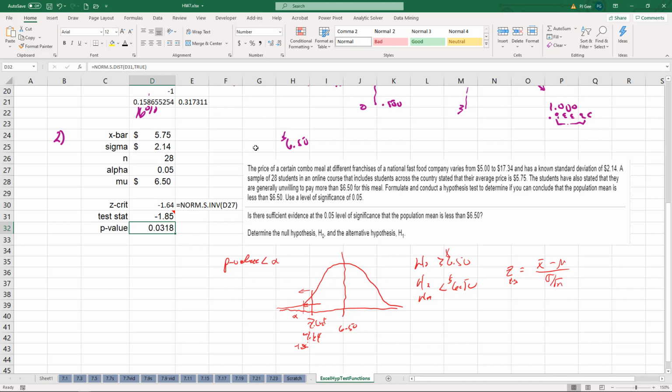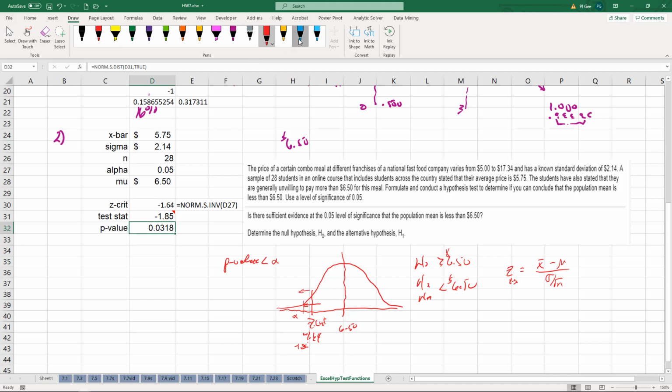The area, our p-value, so p, now I can write p in a different color up here. Our p goes up to not alpha, but to our test statistic, and that area is 0.0318. You can think of it as probability, but really just think of it as area.